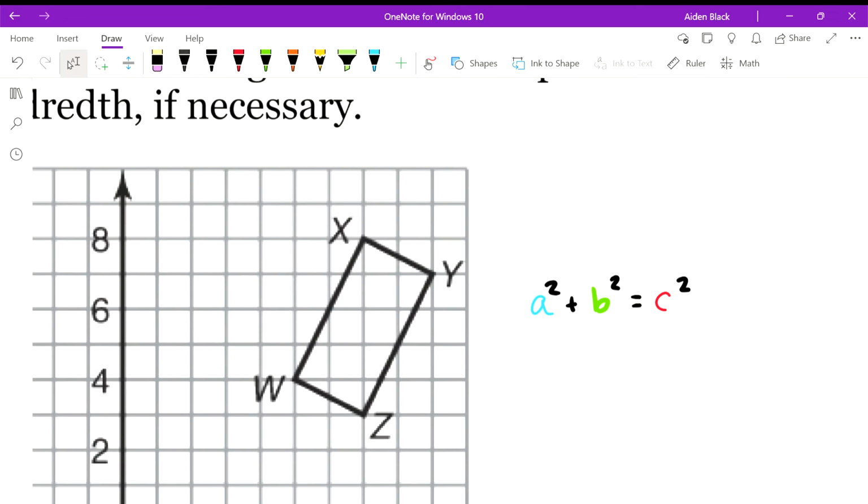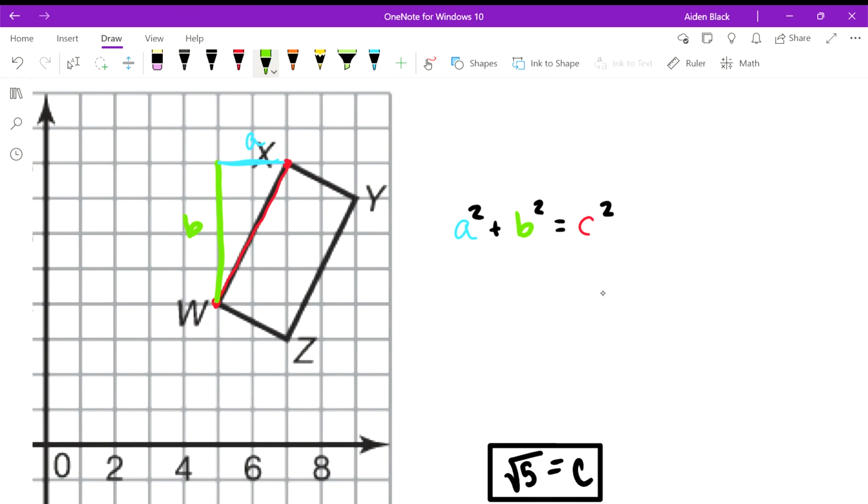And we'll redo this. So if we want to find X to W, this length, well, let's look at the vertical and horizontal change between those 2 points. So in this case, this would be A, and this will be B. So let's try it out. The vertical change, or B in this case, would be 4, and then the horizontal change would be 2.